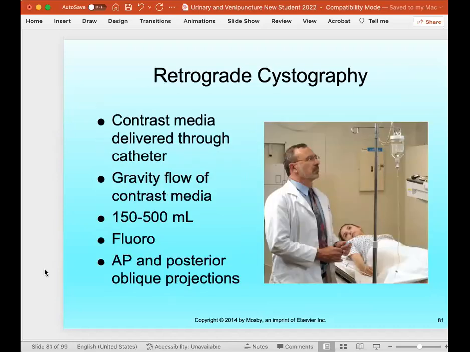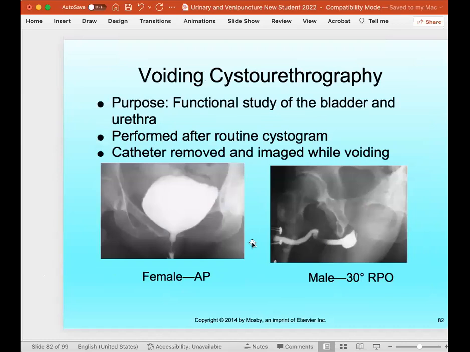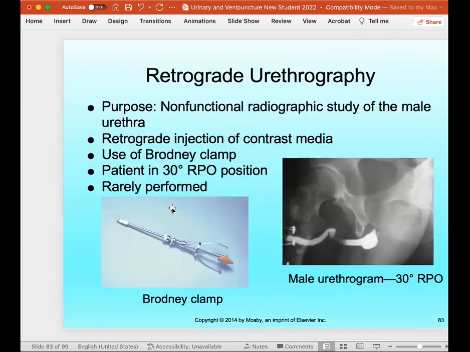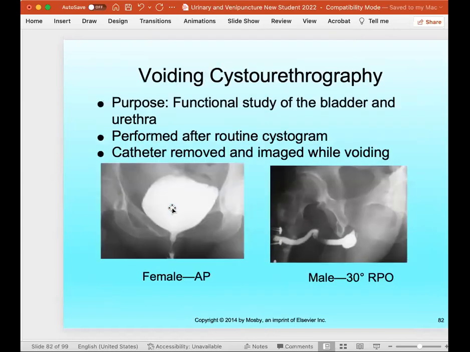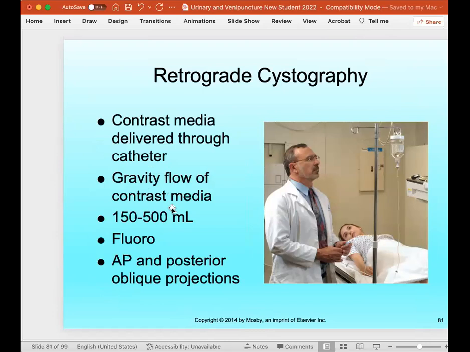Then we have a cystogram, which is also retrograde. This is to visualize the bladder. We have what's called a voiding cystogram, and then just a regular cystogram. Contrast media is going to be introduced through the catheter into the bladder.